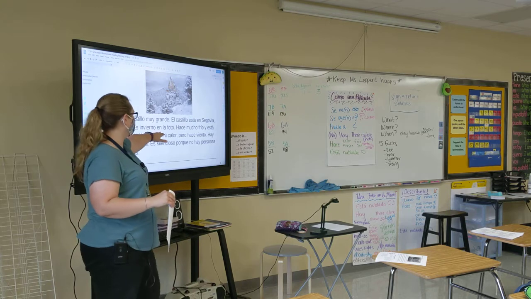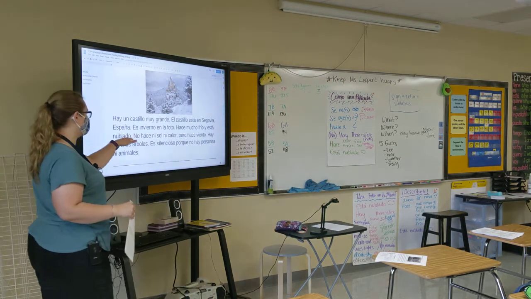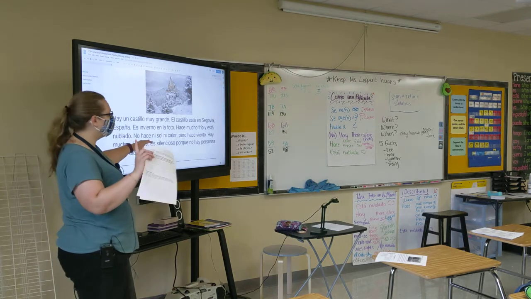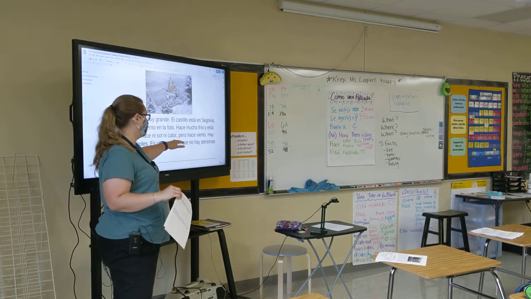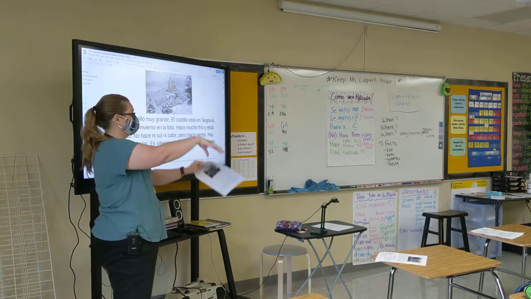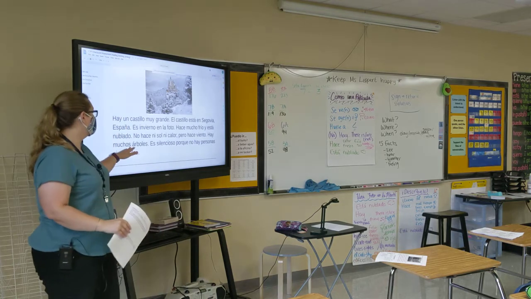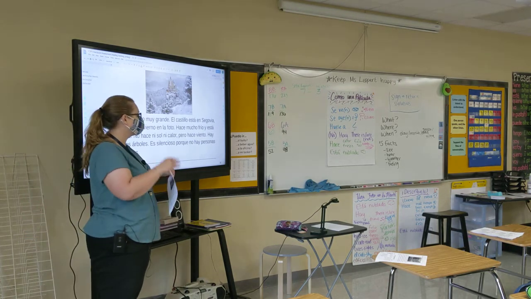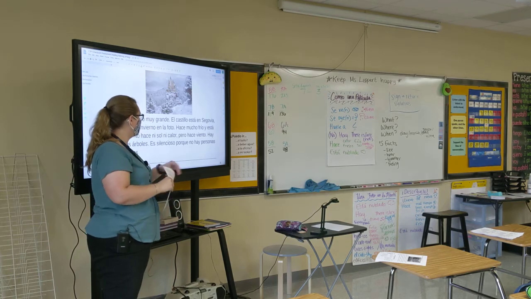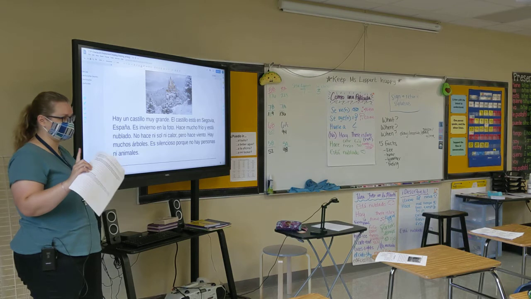Es invierno en la foto. Hace mucho frío y está nublado. No hace ni sol ni calor, pero hace viento. Hay muchos árboles. Es silencioso porque no hay personas ni animales.